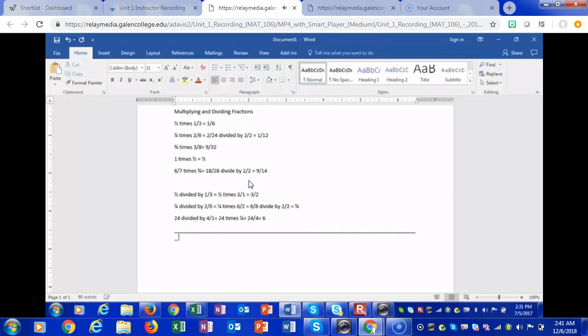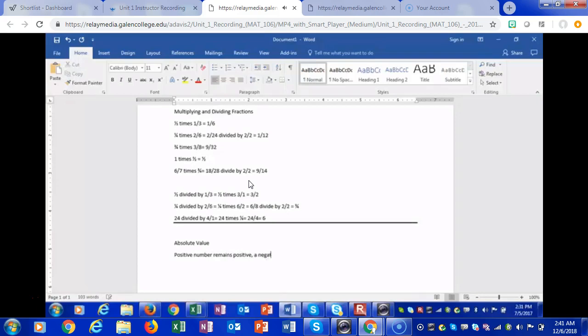Now, let's talk about absolute value. Absolute value is the instance where a positive number remains positive and a negative number becomes positive.